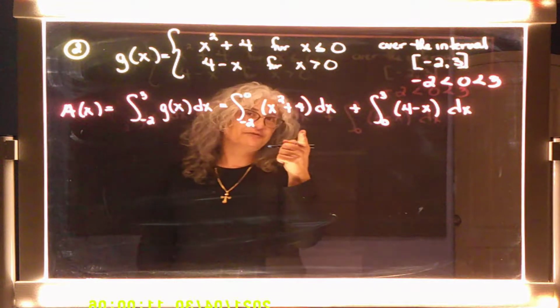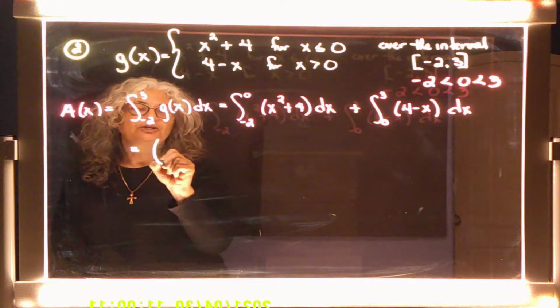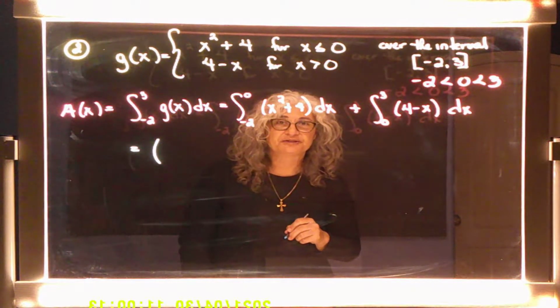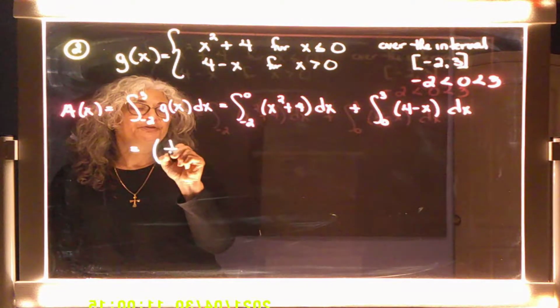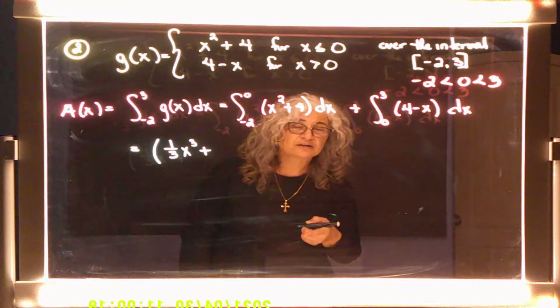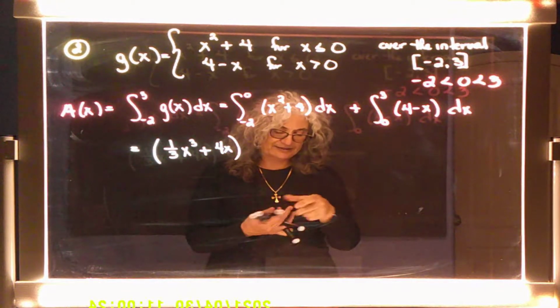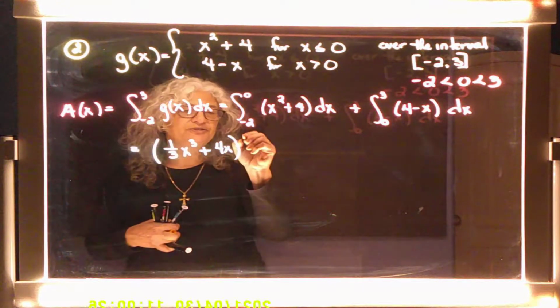We're going to anti-differentiate the x squared plus 4. What's the antiderivative of x squared? Good, 1/3 x cubed. What's the antiderivative of 4? 4x. And we are going to evaluate this from negative 2 to 0.